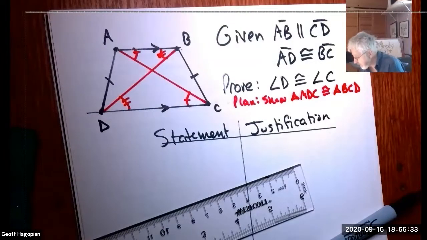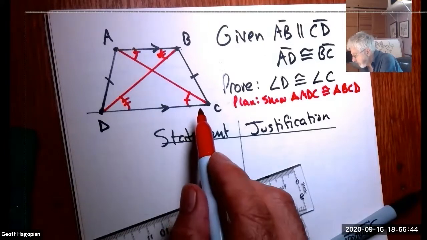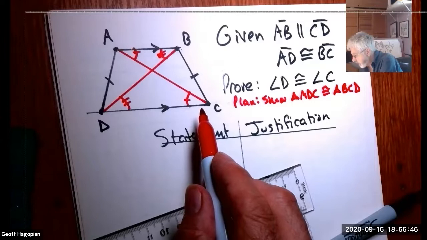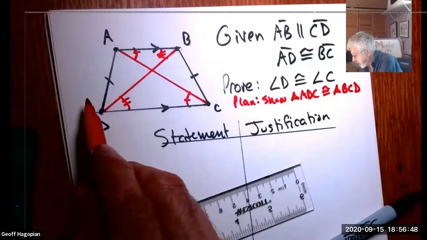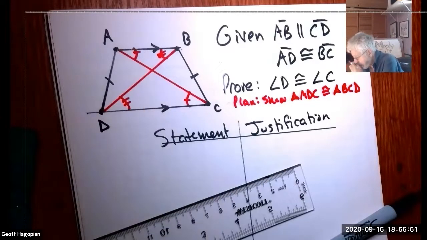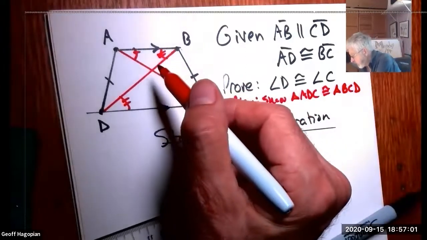But we can certainly show that, because alternate interior angles are congruent. Okay, and then we have angle side. Oh, but we don't know those angles are congruent.